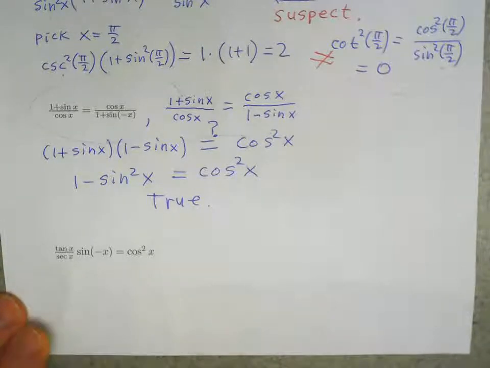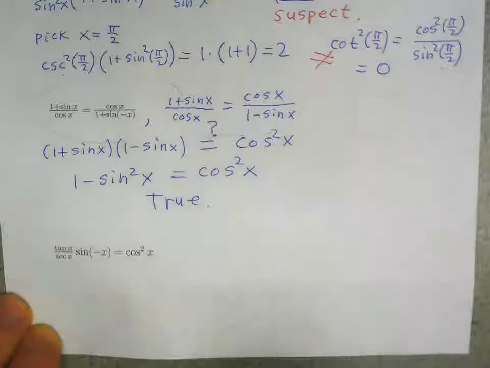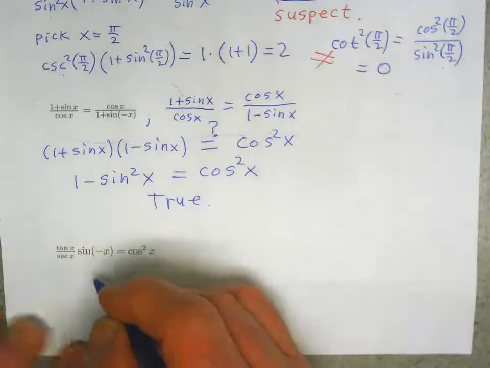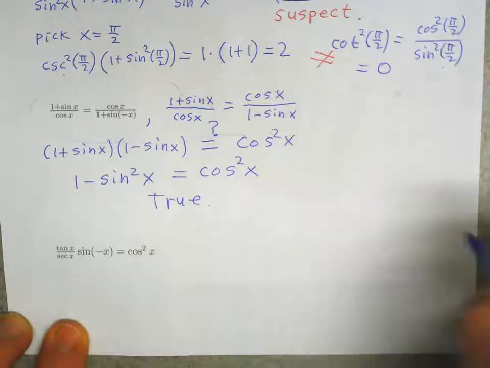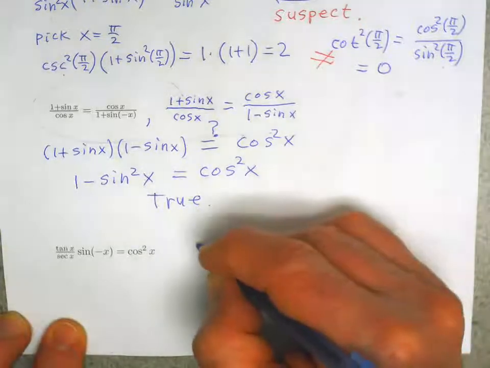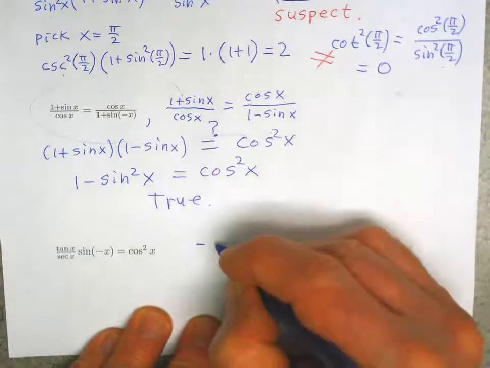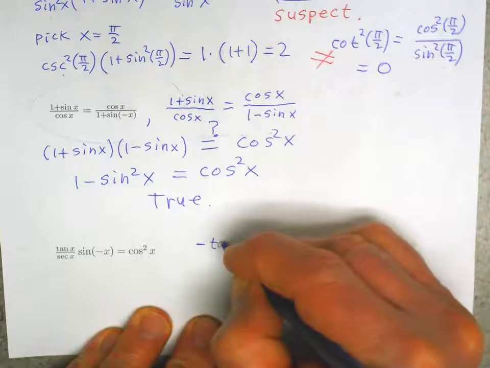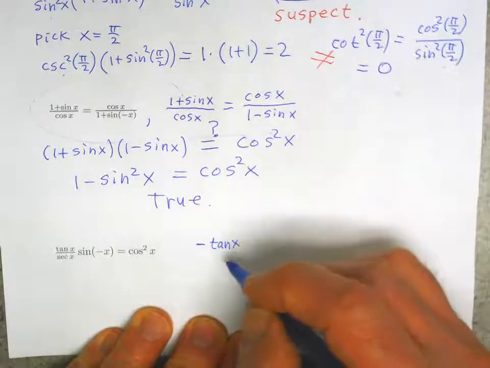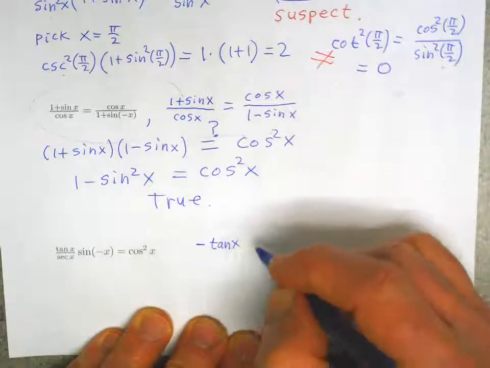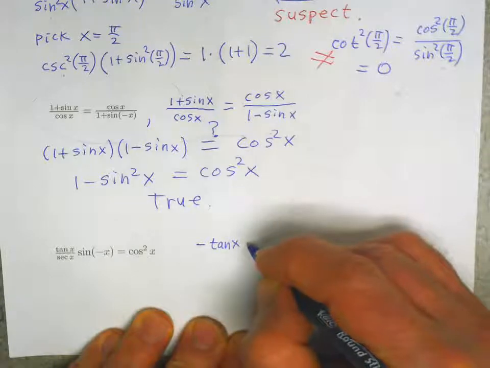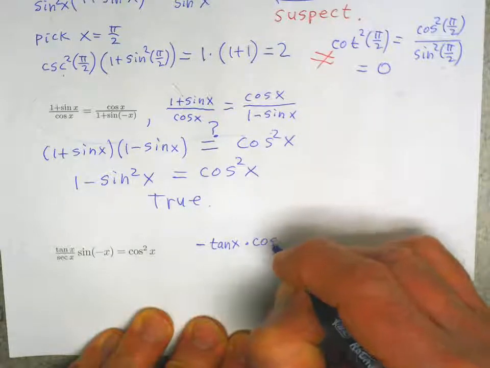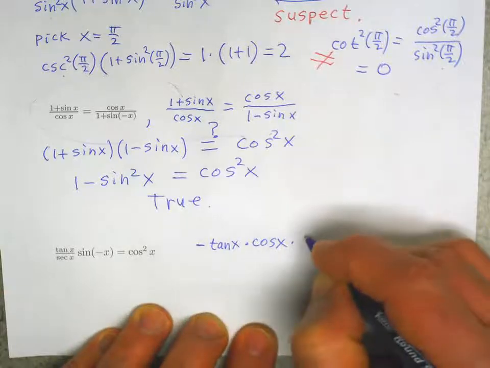Okay, this next one. Let's start on the left-hand side. Sine of negative x is negative, so I'll bring a negative out front, and write this as negative tangent of x. If you have secant of x in the denominator, that's equivalent to cosine of x in the numerator, and then sine of x.